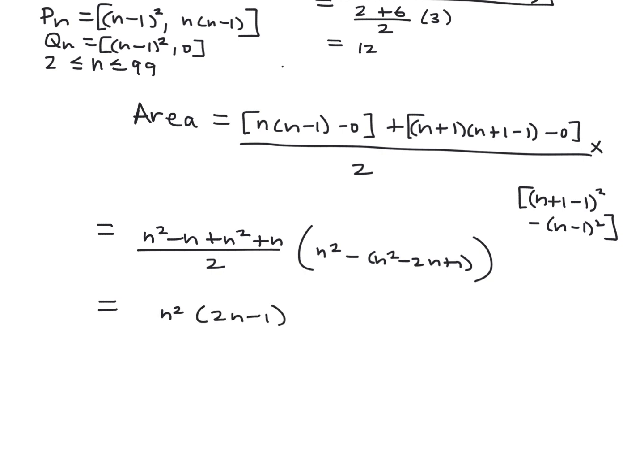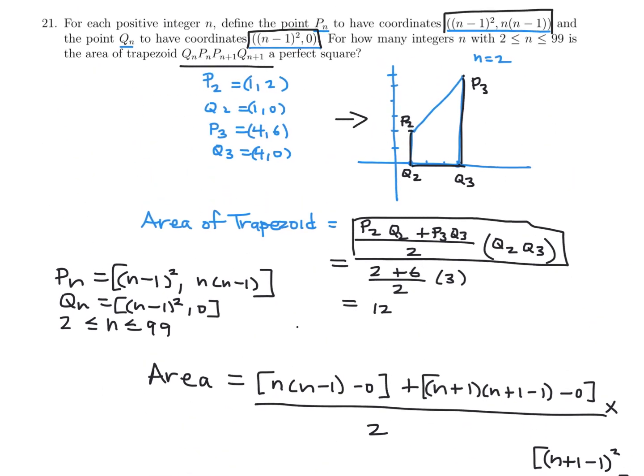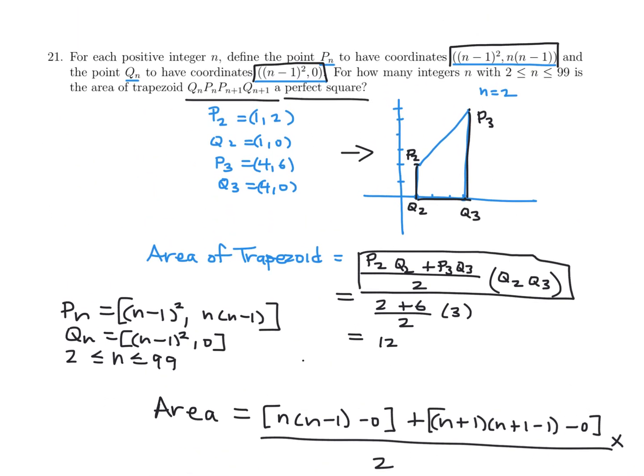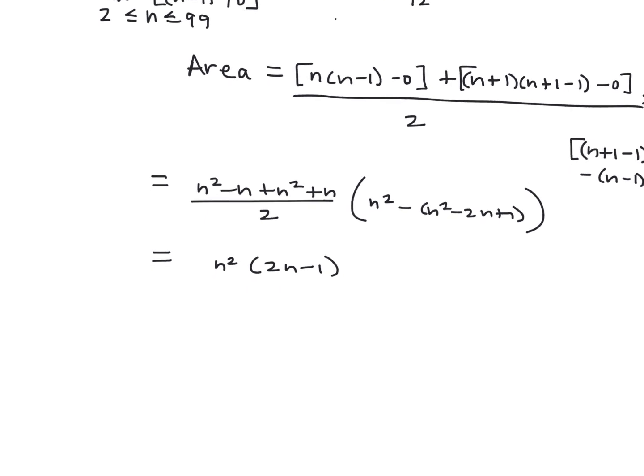Okay, that's not as bad as I thought, actually. And we want this to be a perfect square, right? So we want to figure out what values of n will make that a perfect square between 2 and 99 inclusive. Well, I guess we have to make a table and see what happens, and I hope we don't have to do them all, because that would be very time consuming.